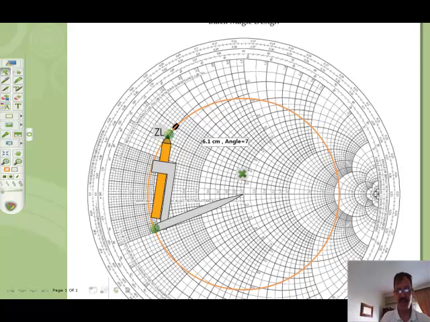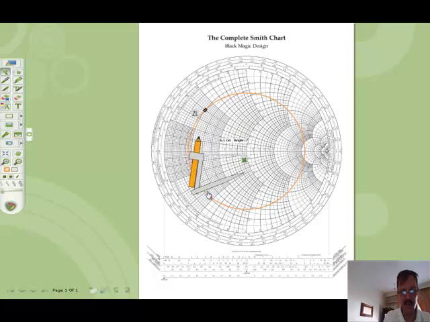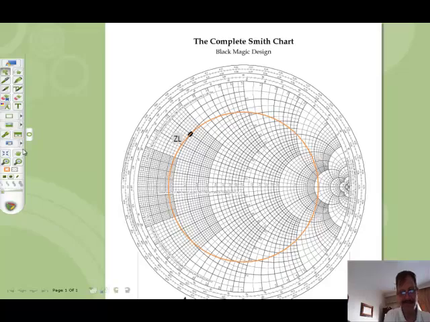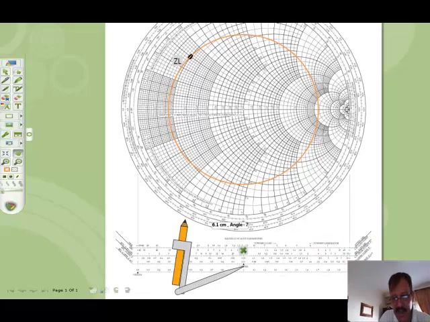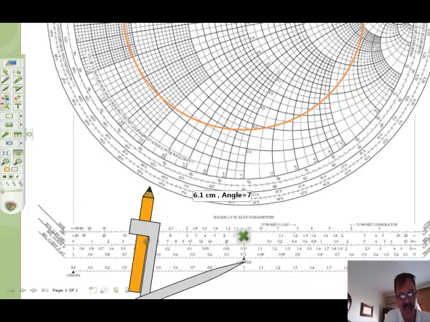We take the compass now down to the scale. We zoom to the scale, and we can zoom more if you want. And we place this. This is the reflection coefficient magnitude. Here it is in the scale down here.